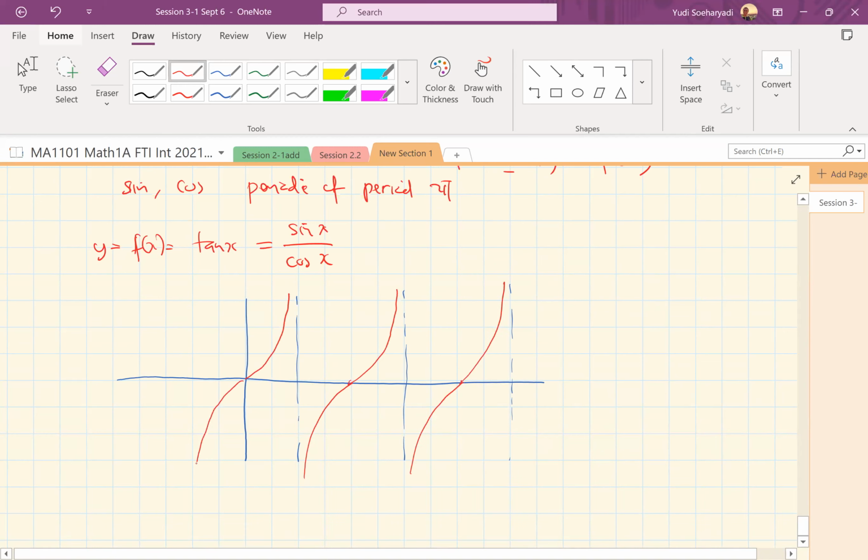Okay, so this is tangent. This is pi, this is pi over 2.